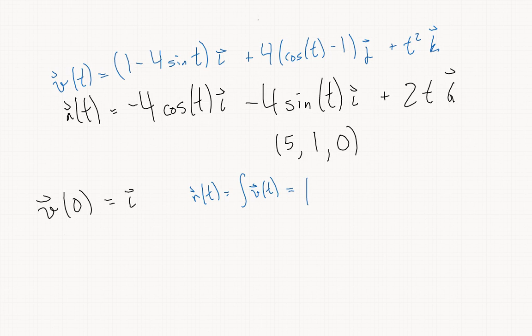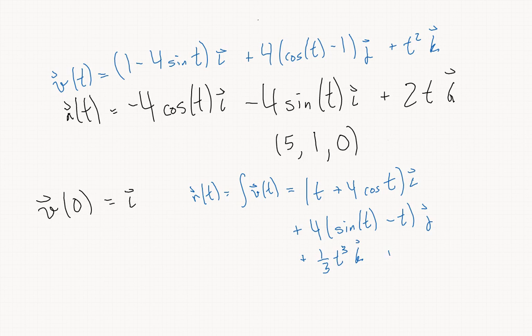So now this will give t plus 4 cos t i plus 4 sine t minus t j plus 1/3 t cubed k plus, again, a constant c.